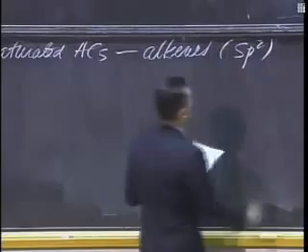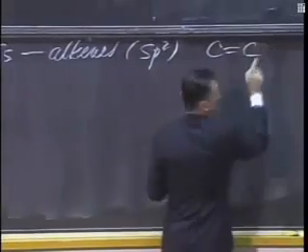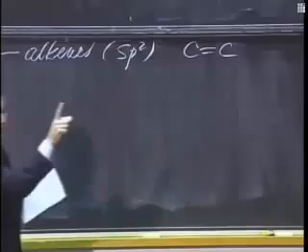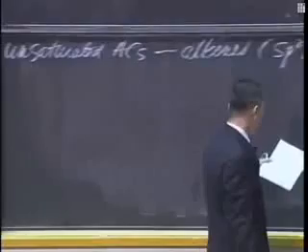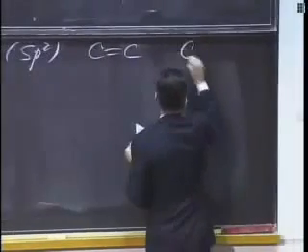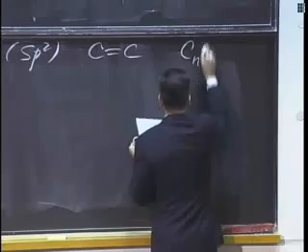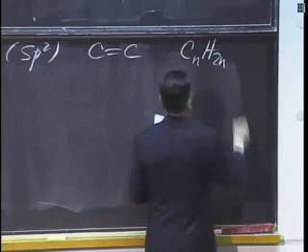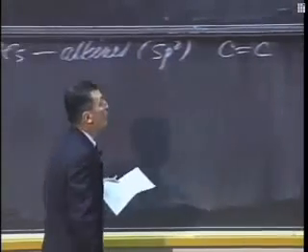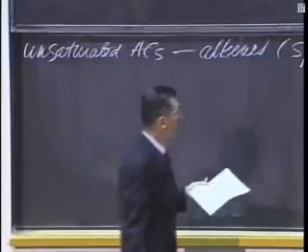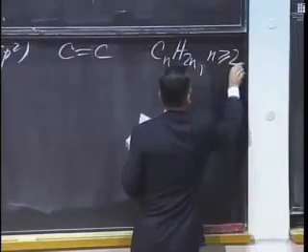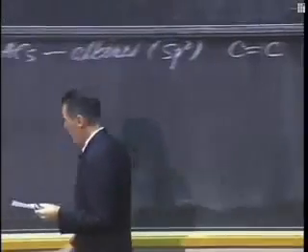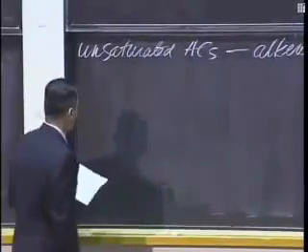So that means at least in one place in the molecule there's a carbon-carbon double bond, and if all we have is the one carbon-carbon double bond, it will give us the chemical formula CnH2n, and clearly n must be greater than or equal to 2.